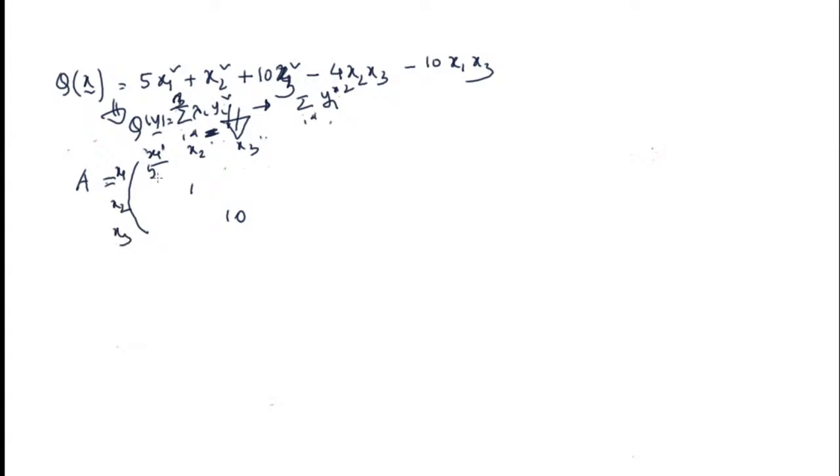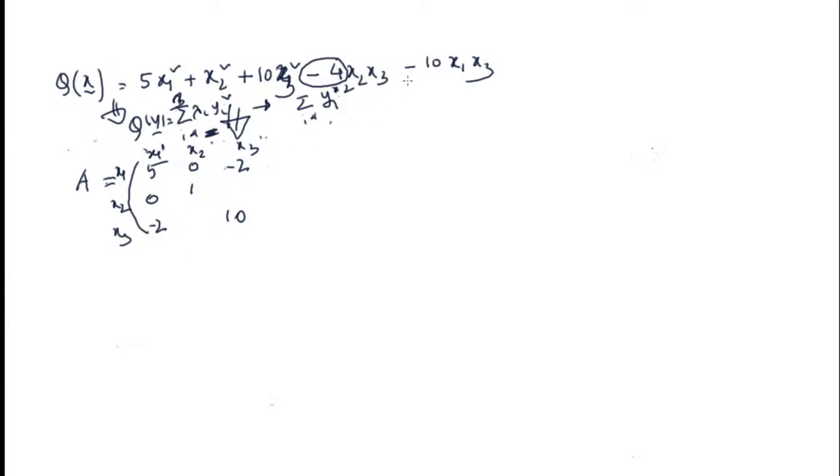The coefficient of x1 square is 5. This is a coefficient matrix. The coefficient of x1 x2 is 0. Then for x1 x3, the coefficient is 4 in total, so distribute it as follows: -2, -2, then you get -4.